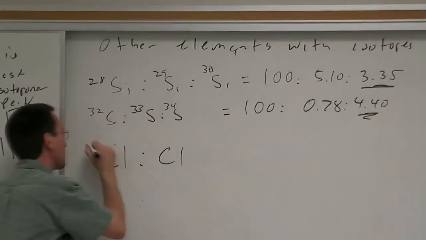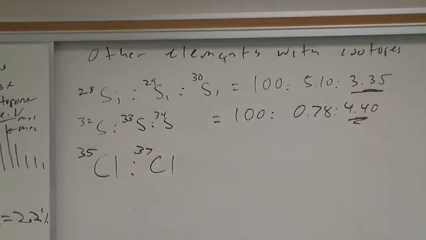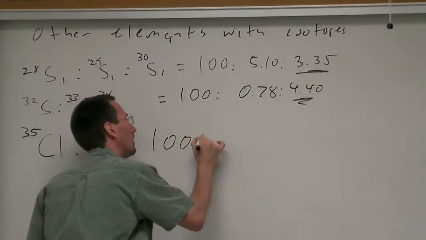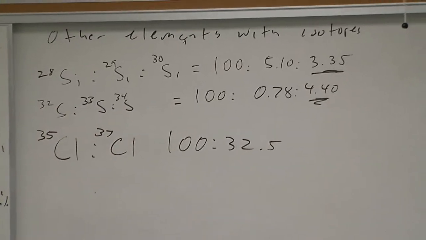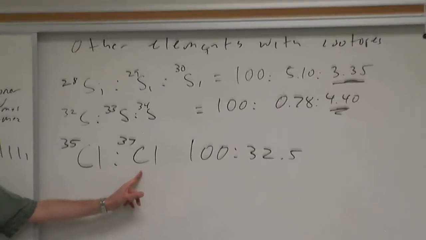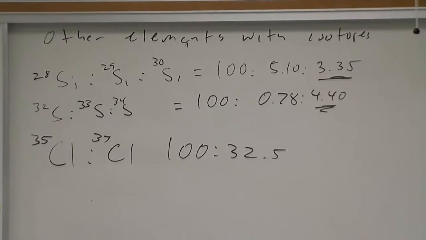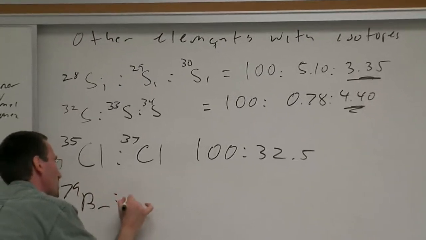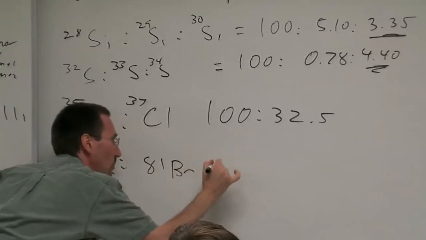Chlorine is one that screams. Chlorine consists of a mixture of chlorine 35 and chlorine 37 in a 100 to 32.5 ratio. So chlorine, by having a very pronounced M+2 peak, screams out at you, hey, look at me, I've got a chlorine here. Bromine also screams at you with two isotopes, bromine 79 and bromine 81.